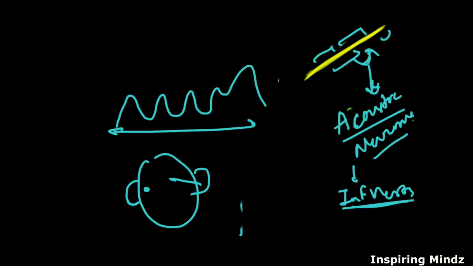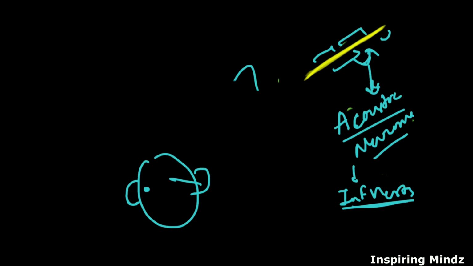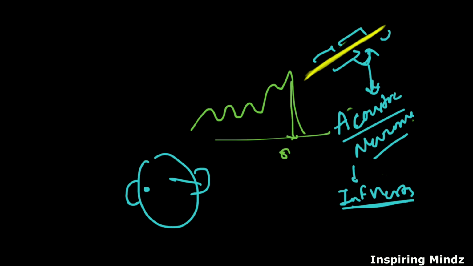When we take the BERA of this patient, the normal side will appear like this, that is, wave 5 will come at 5 milliseconds. Very simple to remember: fifth wave, fifth millisecond.